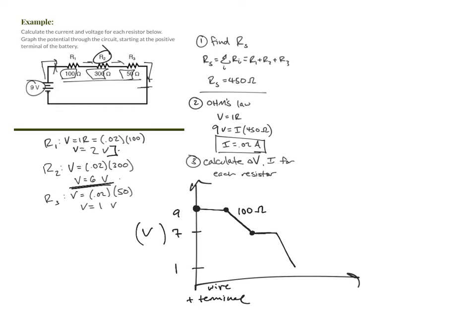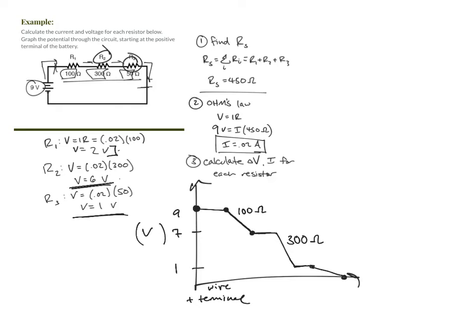And I'm making that a steep slope because we're going to assume it's the same length as the 100 ohm resistor. This is over the 300 ohm. Then it travels a short ways at 1 volt through that little section of wire and goes through R3, which is a loss of 1 volt.